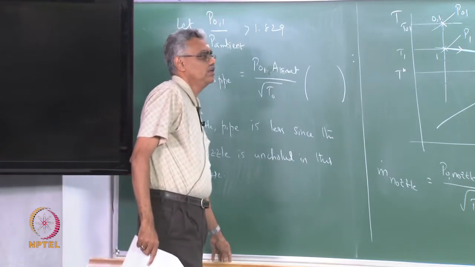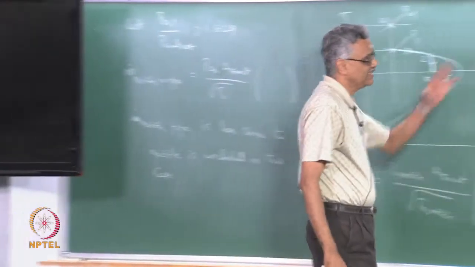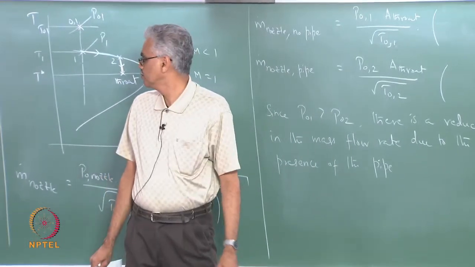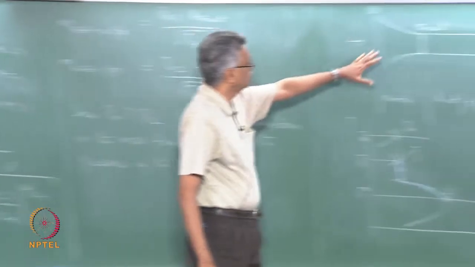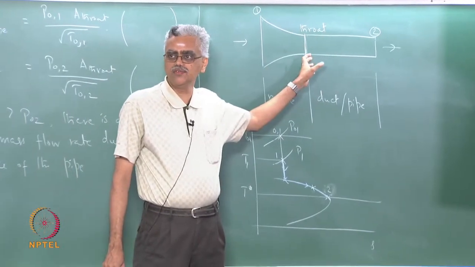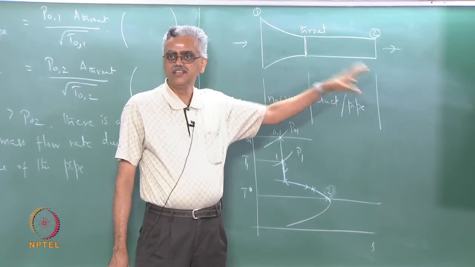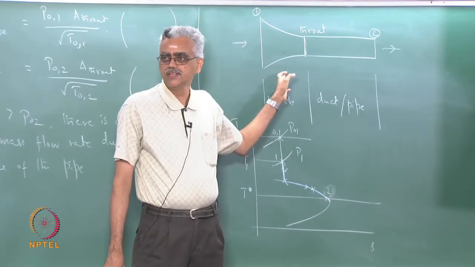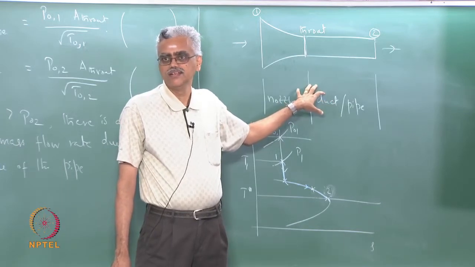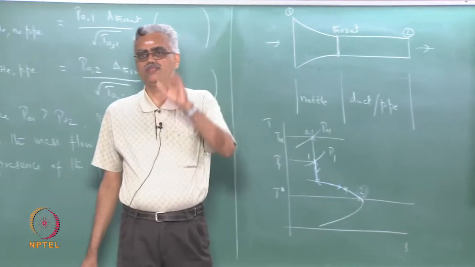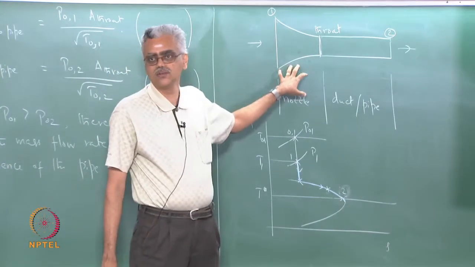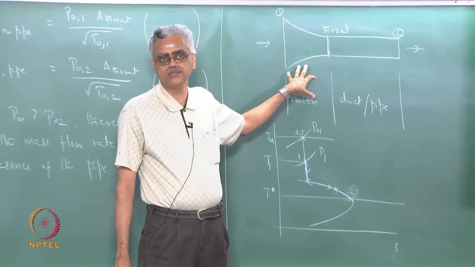So, what is important in these types of situations is the practical implication, both in this case and the previous case. You assume that if I have a nozzle, this supplies a certain mass flow rate. I connect a pipe, you expect the mass flow rate at the outlet to be the same as the previous case, but you realize that it is not going to be the same. So, you have a compressible flow equipment, let us say a test section or something else, you want a certain mass flow rate, so you design a nozzle to give you that Mach number and mass flow rate.